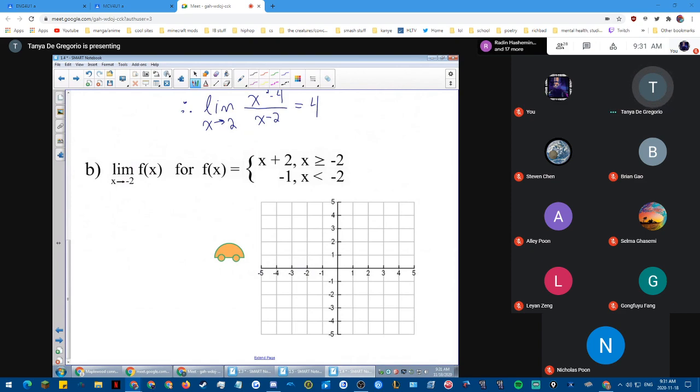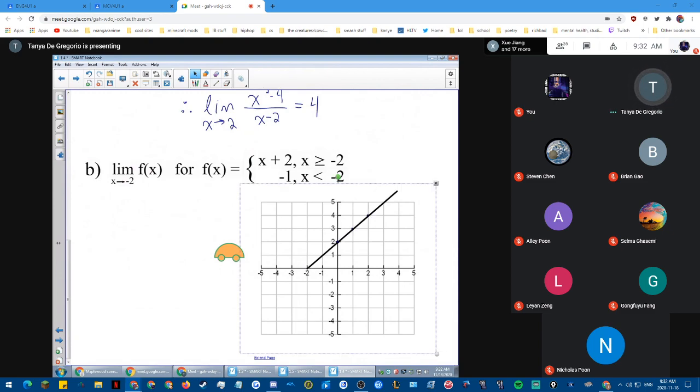So again, it's got a y-intercept of 2 and it's got a slope of 1. And I want to throw one all the way to -2.